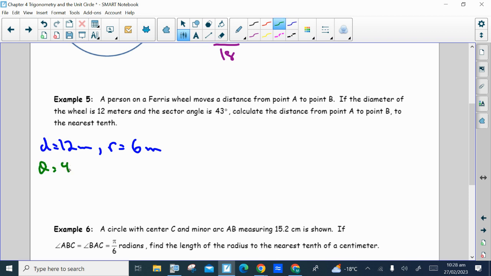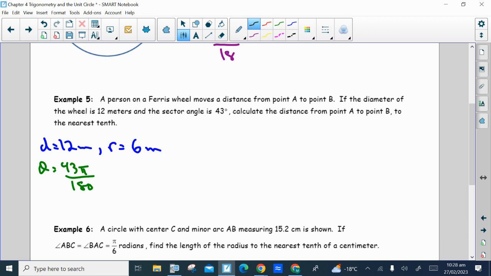Theta, the angle in degrees, is 43, and we have to convert that to radians. So again, we're going to get a smaller answer than 43, which will only work if you multiply by pi and then divide by 180. And 43 is a prime number, so we can't simplify that at all. So we'll leave it like that.